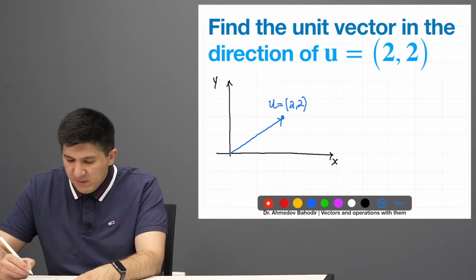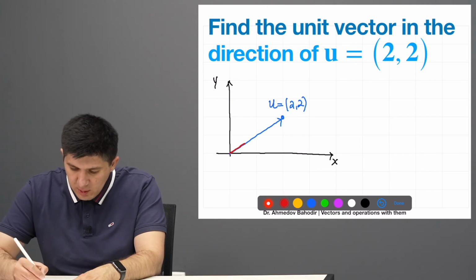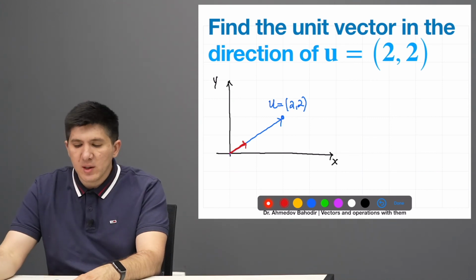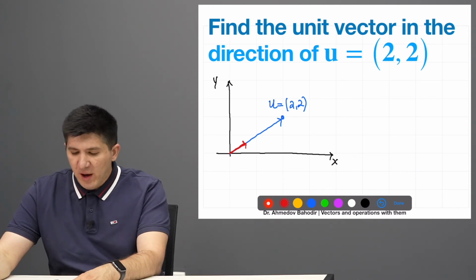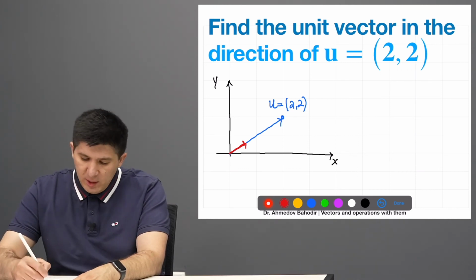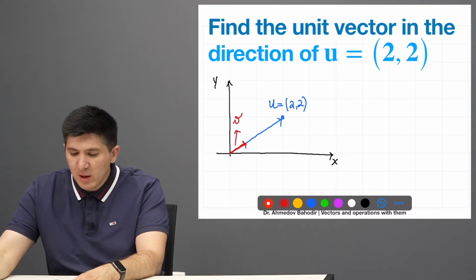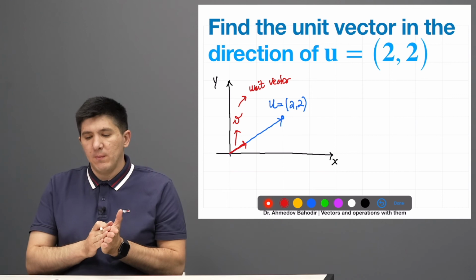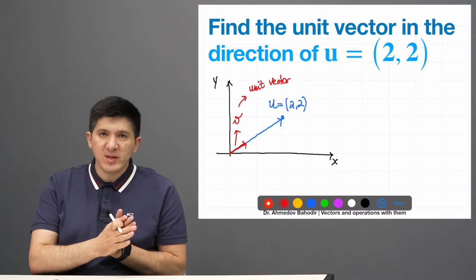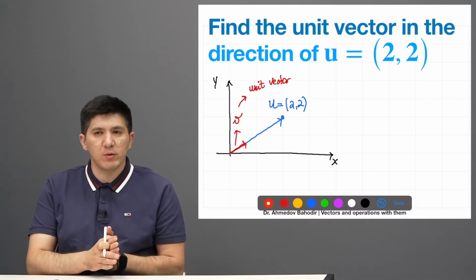I need to find a smaller vector, obviously, because the length of the vector u is more than 1, so that it's going to be a unit vector. So I need to find this vector v, which is going to be a unit vector in the same direction as u. If you remember our previous lecture, we discussed the geometric operations.